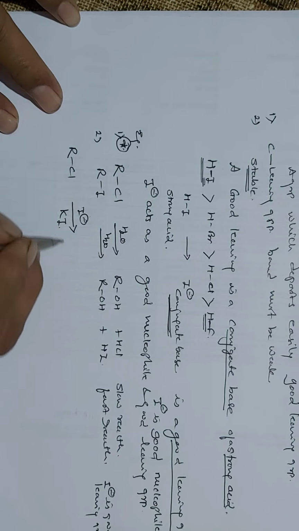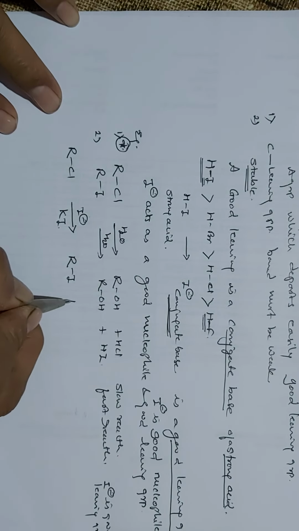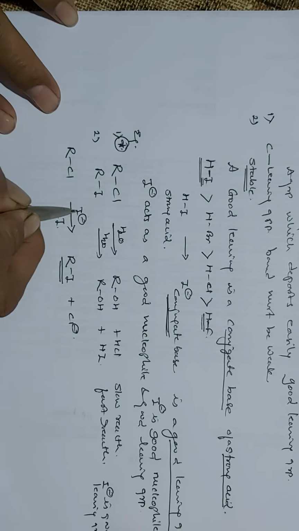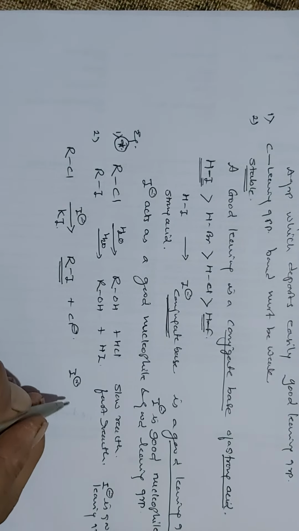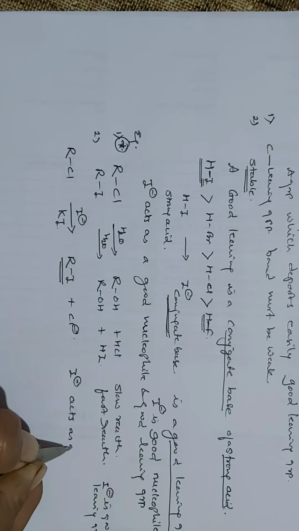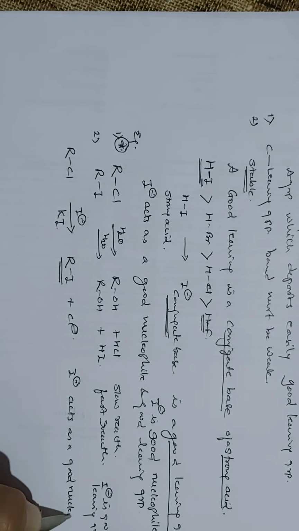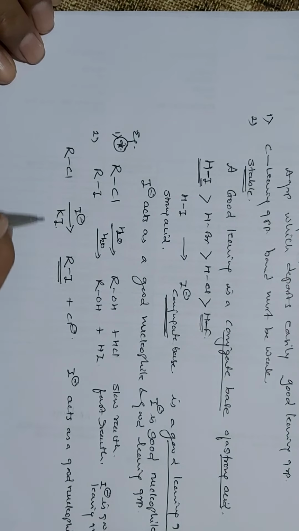But how? Here you will get the formation of RI plus Cl minus. So this indicates that I minus, the iodide, acts as a good nucleophile, because here the role is different. I minus acts as a nucleophile.